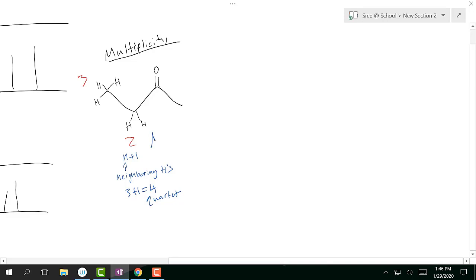For these methyl hydrogens, it's neighboring 2. So 2 plus 1 equals 3, and 3 is called a triplet. And a triplet will look like this. Okay. And then let's go back to this.